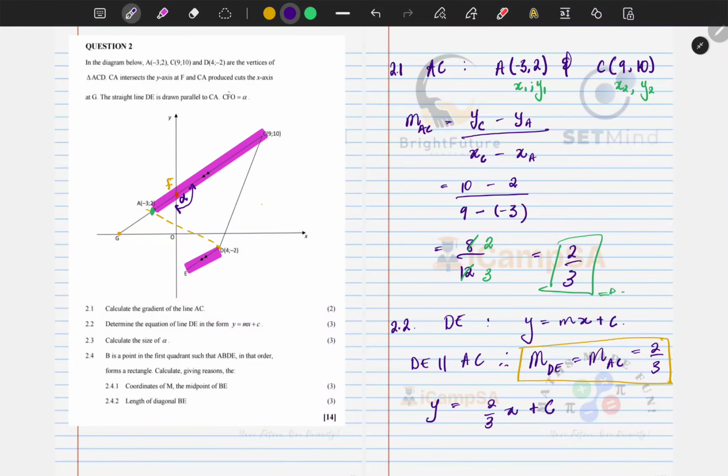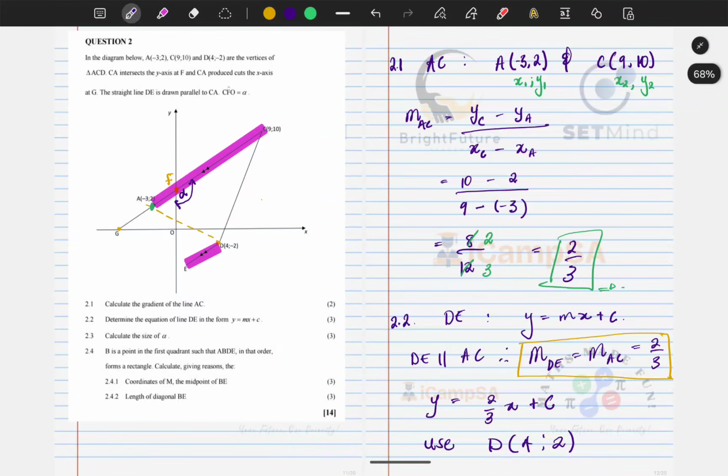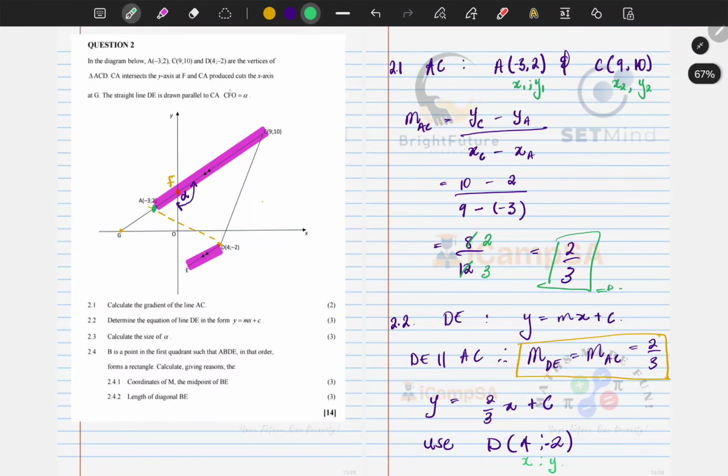Now we can use any coordinate. We can use either D or E, but since we only have D, we are just going to use D. D is 4 and minus 2. We can just substitute. Remember, this will be your x, and this will be your y. We substitute x and y to find c, and then we will have our equation.